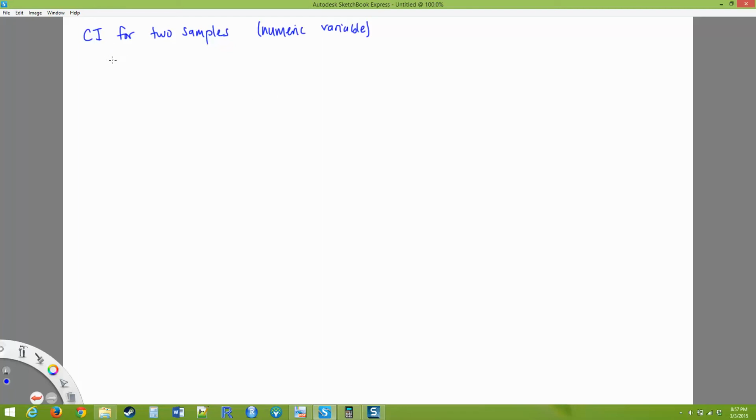Confidence interval for 2 samples: we want to make a statement about mu1 minus mu2. An example is we compare the average heights of men and women.